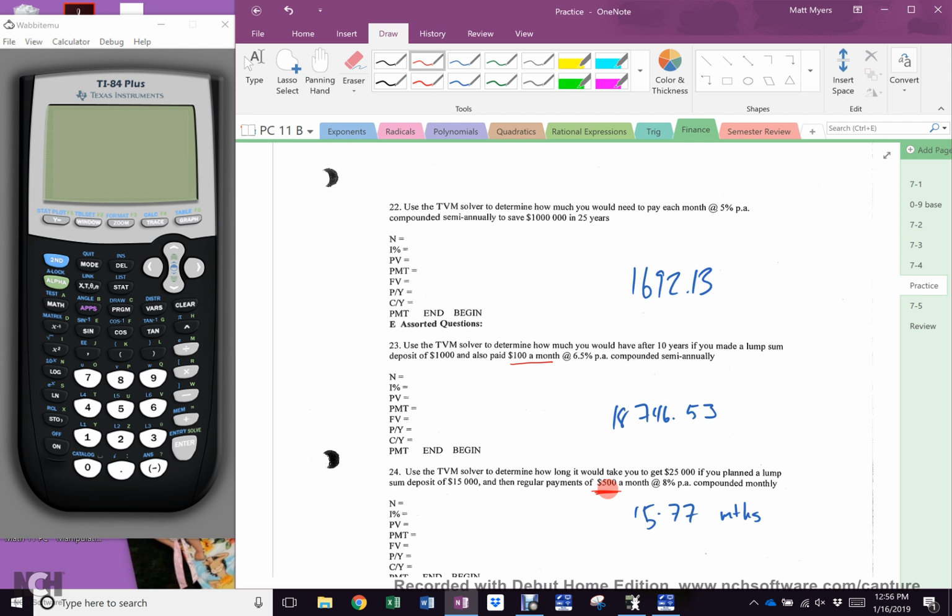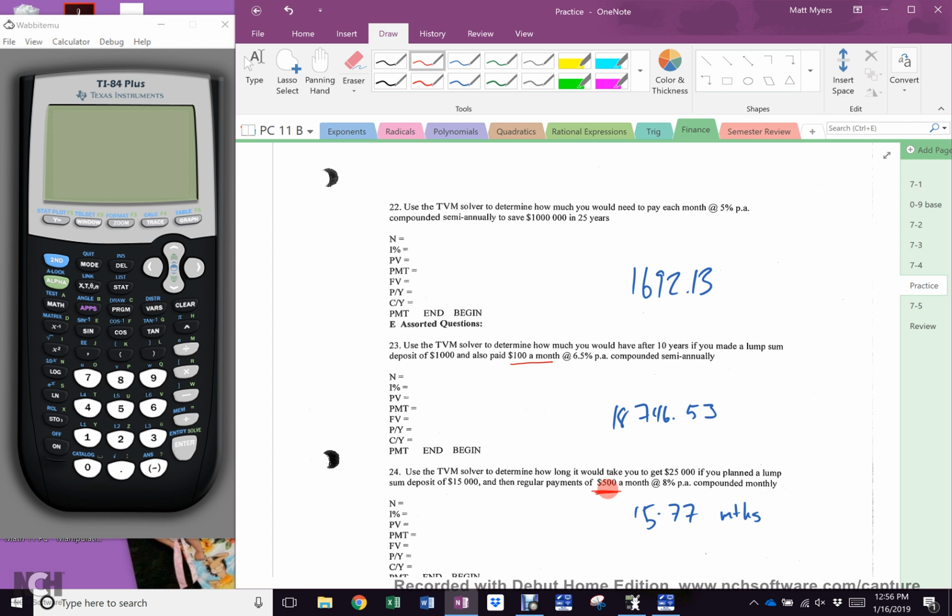For 24, what we're saving up, so begin. Okay, and I got 76 months. That's not that long. That's only 6 years.